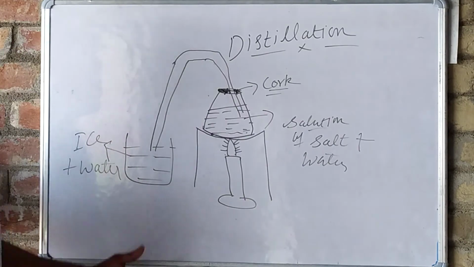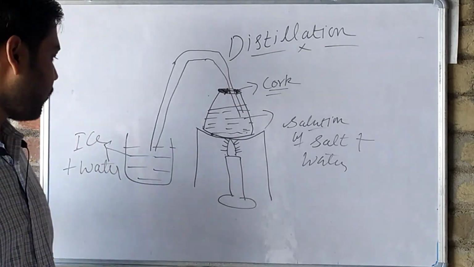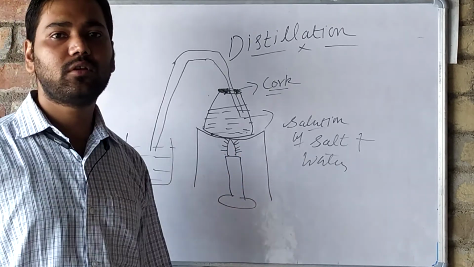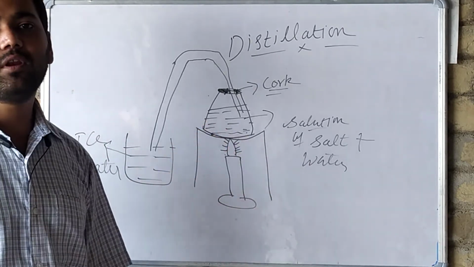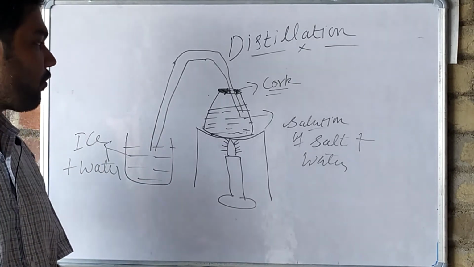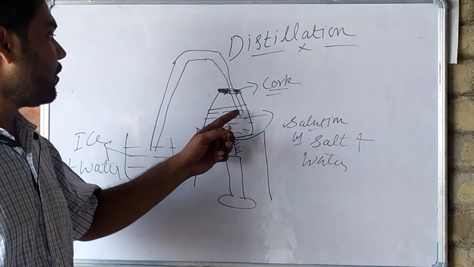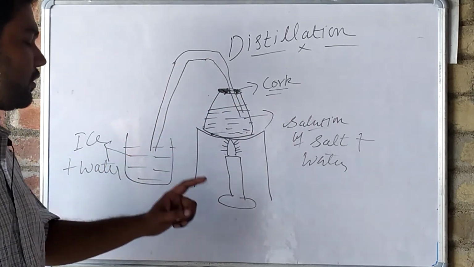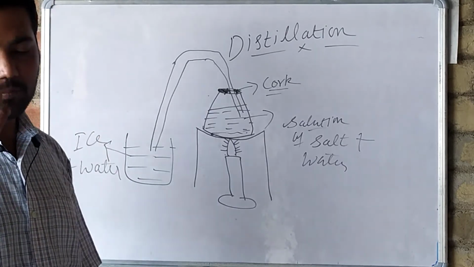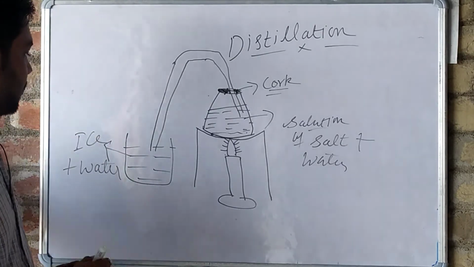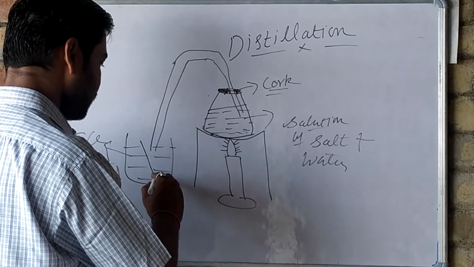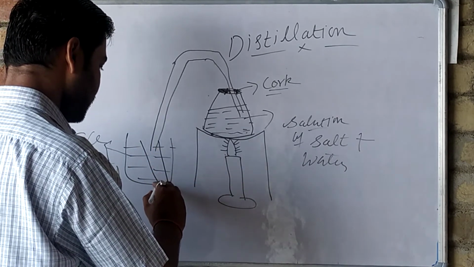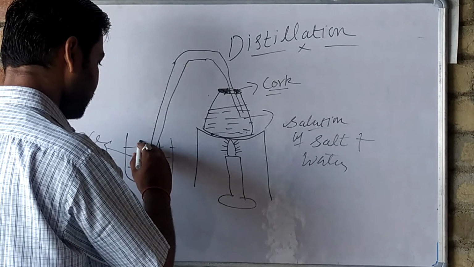What happens when we heat it up? Because of heating, the salt and water solution will start evaporating. The water will pass through this tube, and here we will have one more test tube placed over here.